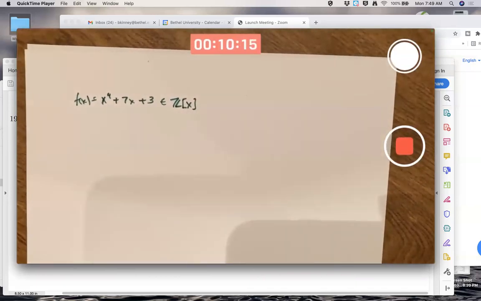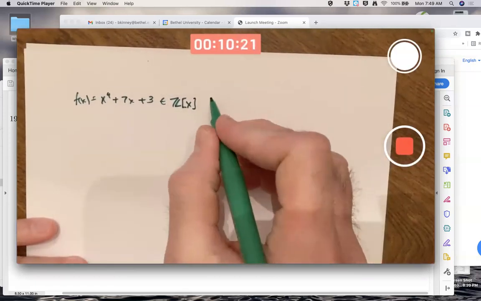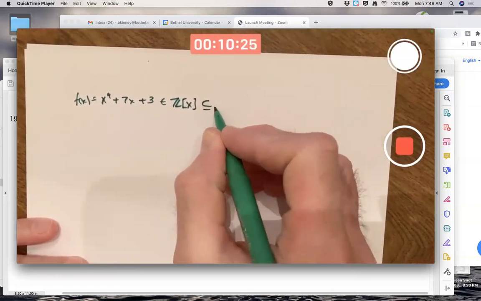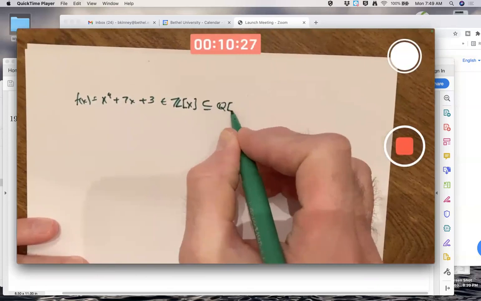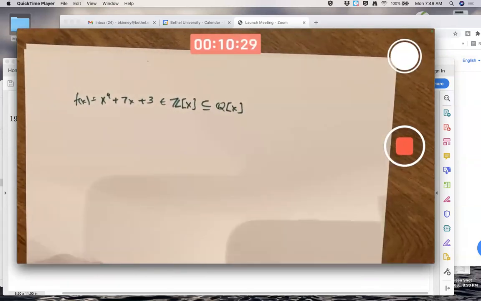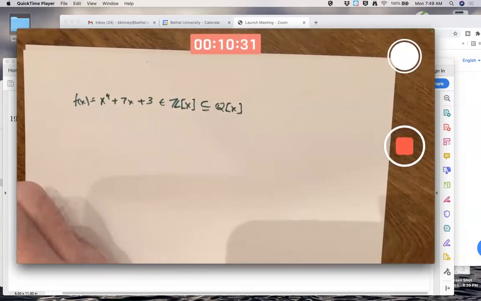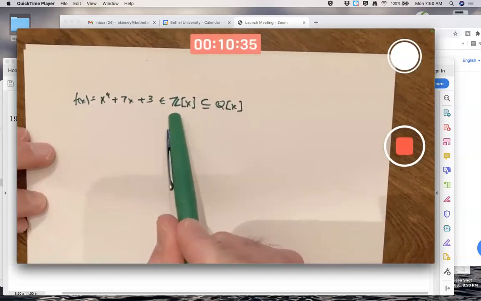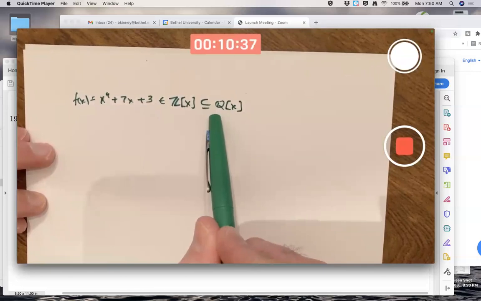Its coefficients are integers. Z[x] is certainly a subring of Q[x], because every integer is a rational number. If a polynomial has integer coefficients, they also can be thought of as rational coefficients.